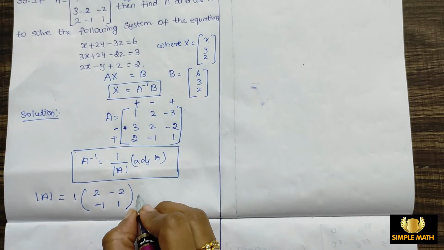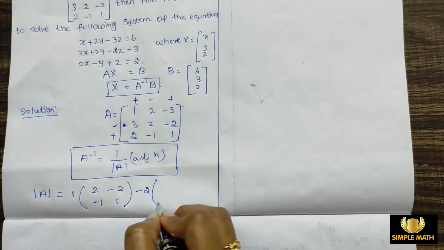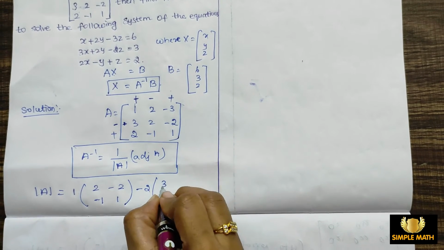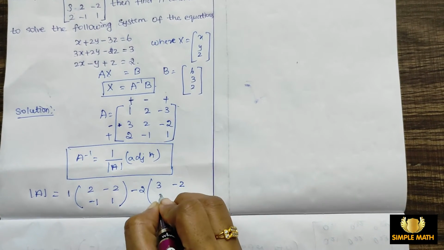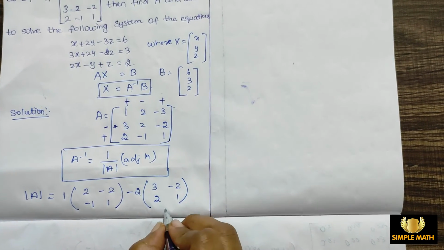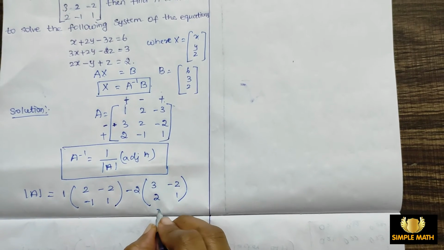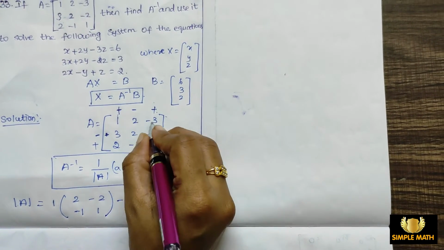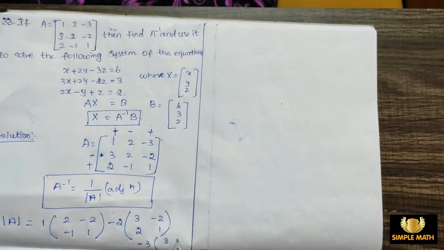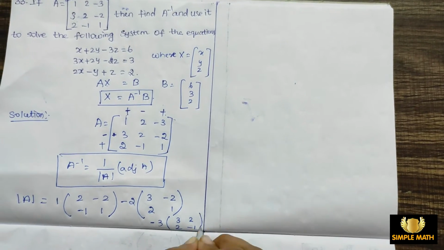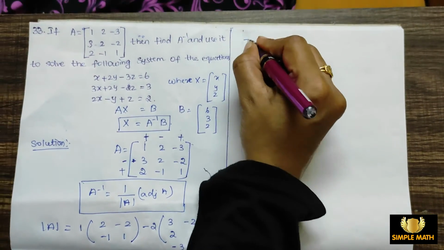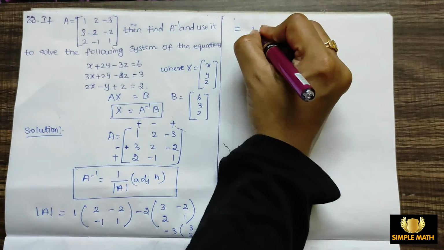Next, leaving the first row and the second column, the remaining terms are 3, minus 2 and 2, 1. Next, leaving the first row and the third column, the remaining terms are 3, 2, 2, minus 1. On calculating these, we can get the value for modulus of A.